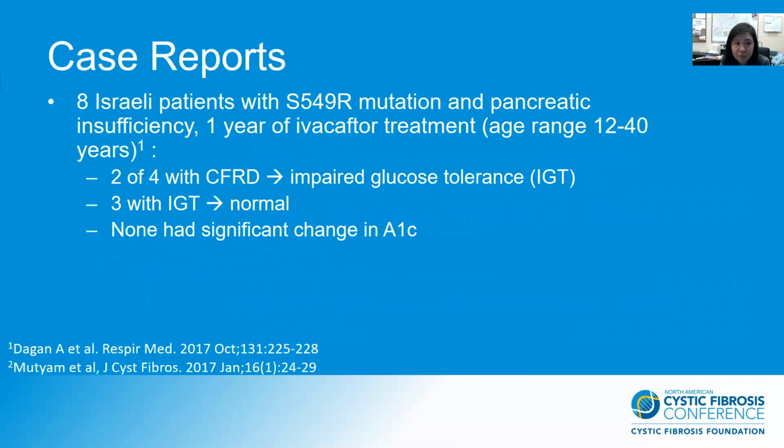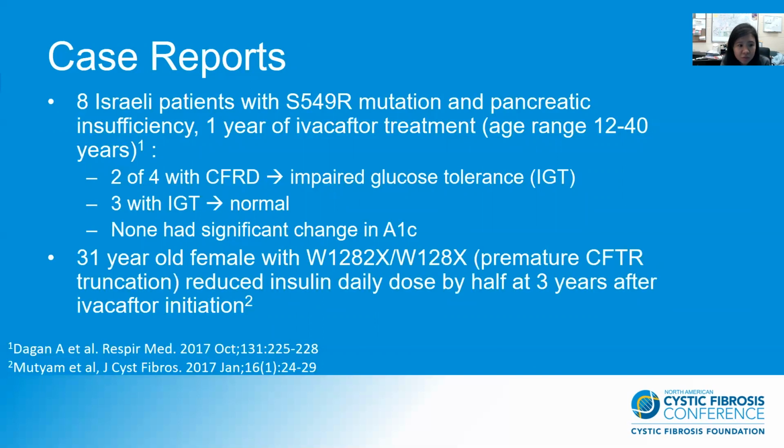In a case series of 8 Israeli patients with a gating mutation, after 1 year of ivacaftor treatment, 2 of 4 subjects reverted from CFRD to impaired glucose tolerance, and 3 with impaired glucose tolerance reverted to normal. None had a significant change in A1C.